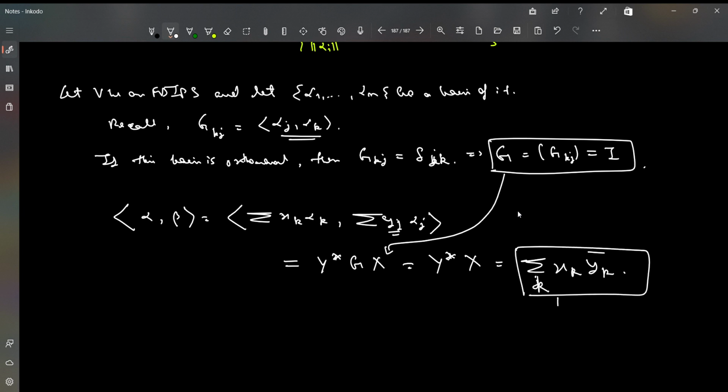Observe that this is nothing but a resemblance of the standard inner product of F^n. Therefore, if I consider an orthonormal basis of a finite dimensional inner product space, then the inner product defined on that space resembles the standard inner product of the n-dimensional field, right?